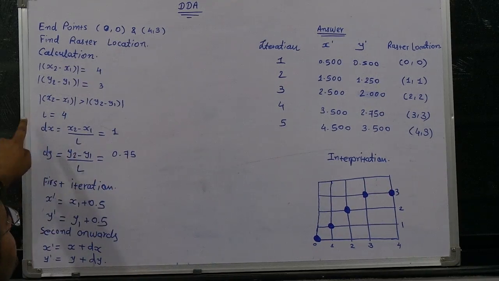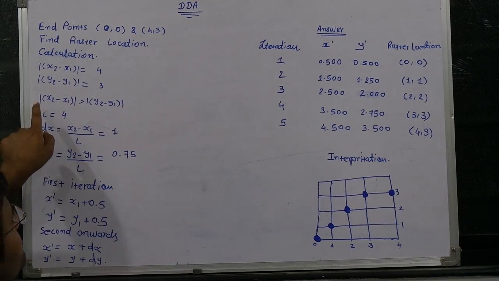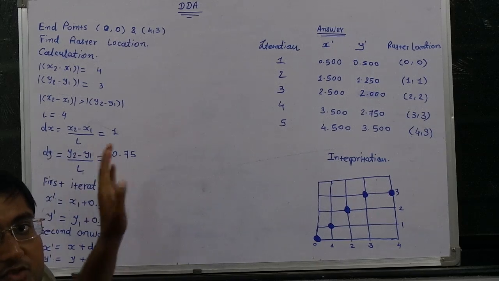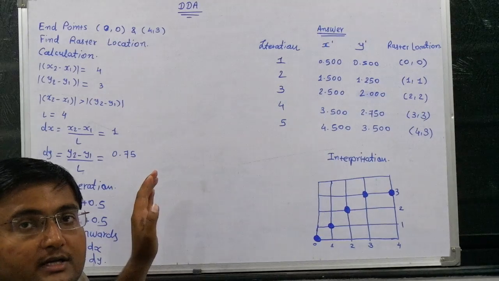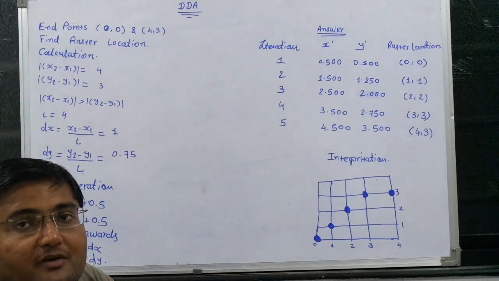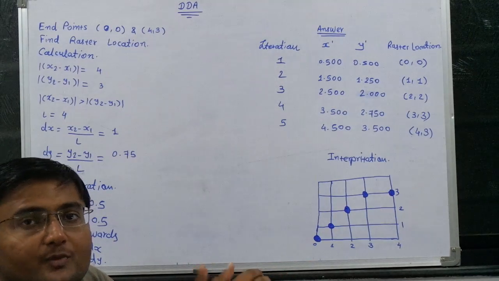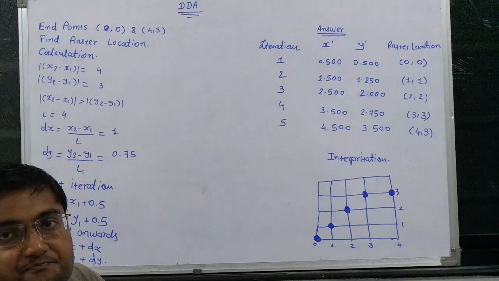L is length, and how to define the length? For that purpose we need to check this condition. If x2 minus x1 is greater than y2 minus y1, then L will be x2 minus x1. And if y2 minus y1 is greater than x2 minus x1, then length will be y2 minus y1.